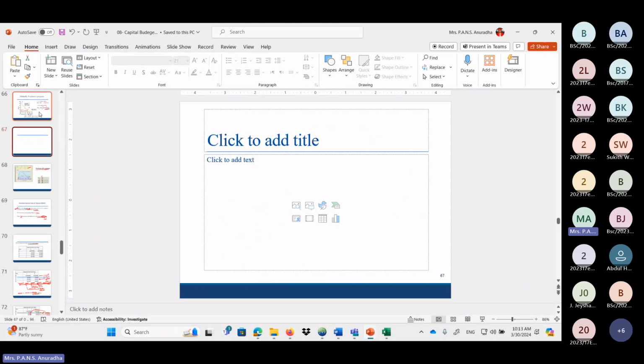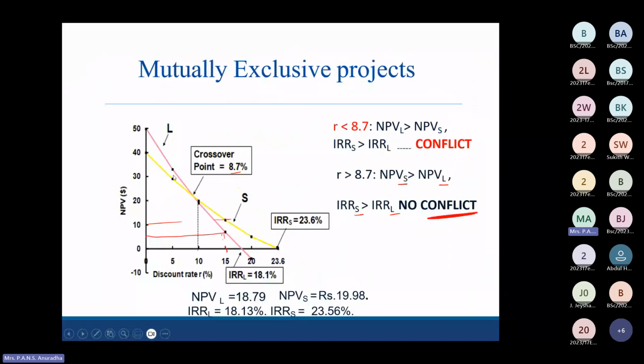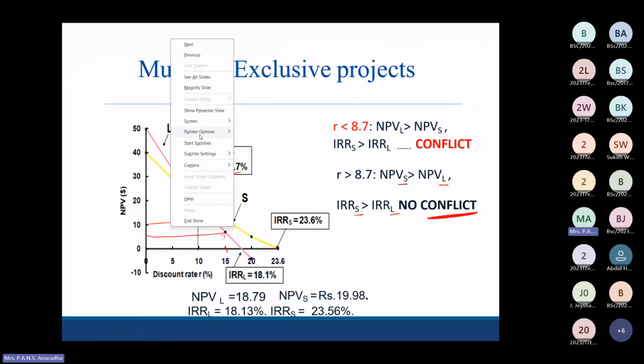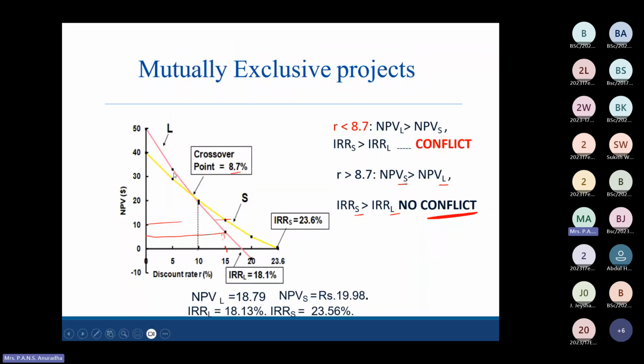Now in this case, when the cost of capital is around 5%, there is a conflict between NPV and the IRR. Now to resolve this issue, I told you that you can calculate MIRR. So now let's realize this point further.